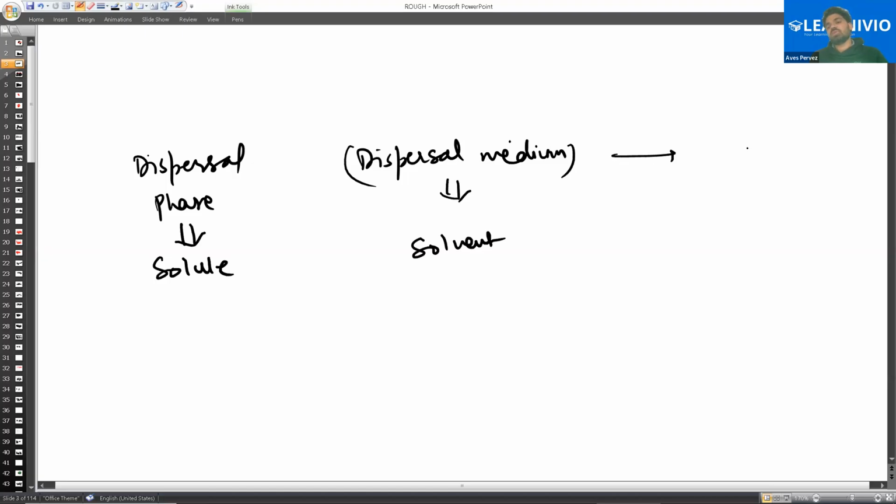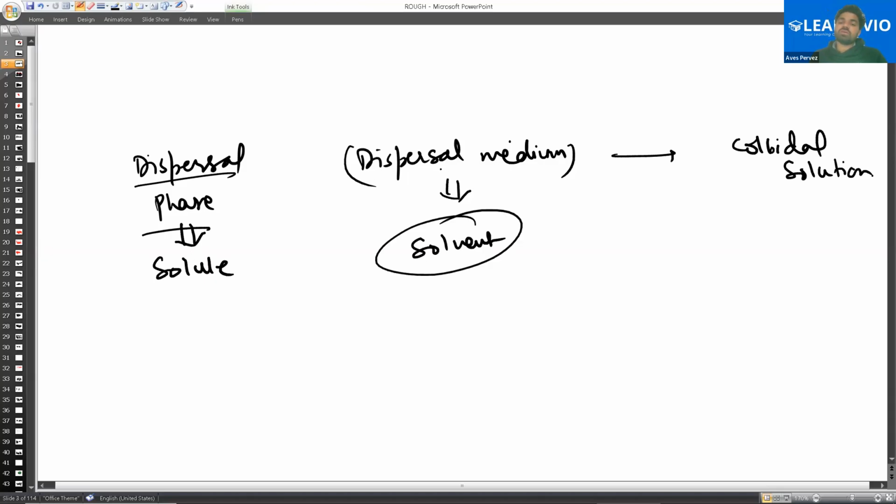And if it is giving you a colloidal solution, whatever the state of the dispersion medium is, that is exactly the state of the solution.